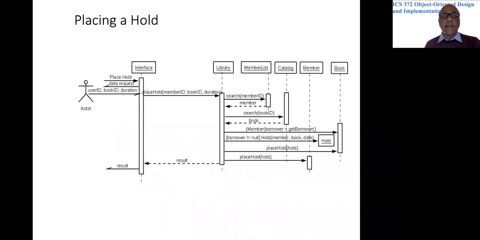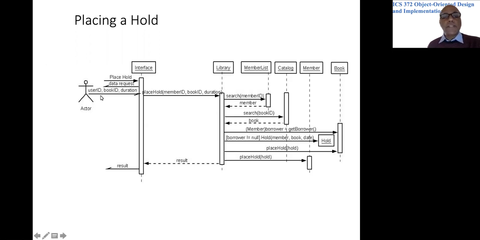So let's look at these three sequence diagrams. The first one is quite simple, placing a hold. This has no loop because we are placing a hold for a certain book by a certain member, and the member specifies a duration saying the hold should not be considered after a certain period.